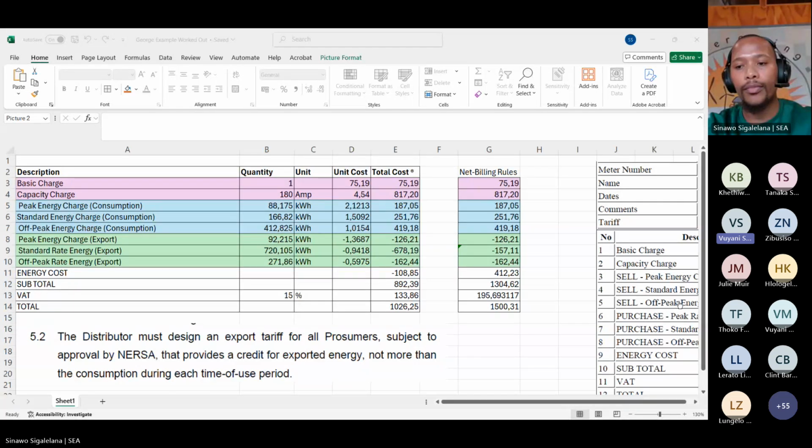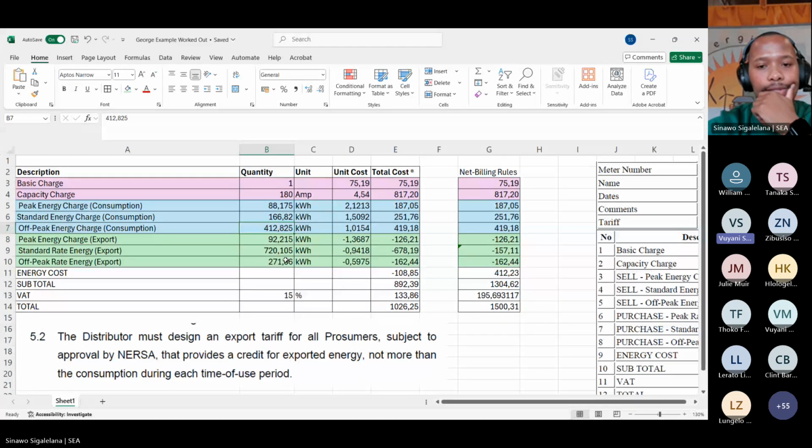Can I go? Yeah, sure. Thank you. The one where the off-peak energy is 412.82 and then the export is 720. So the export is more than what was used, which brings the calculation.